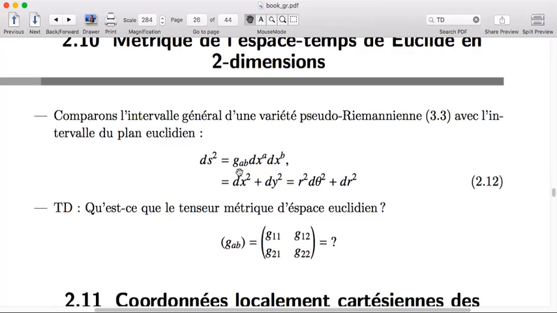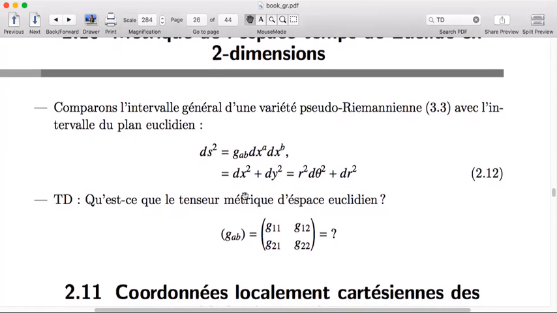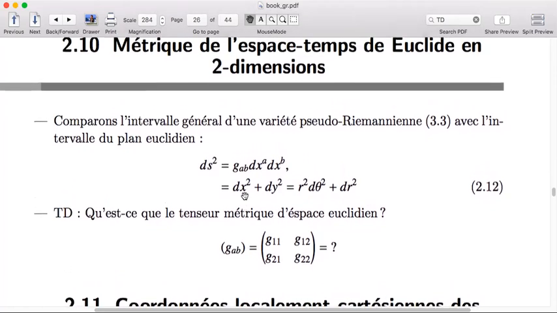So g can change depending on your coordinates, or I guess the proper way to say it is that its representation depends on the coordinates, but it also depends on the geometry itself. So unfortunately, life's a little bit complicated, and we always have to bear that in mind.